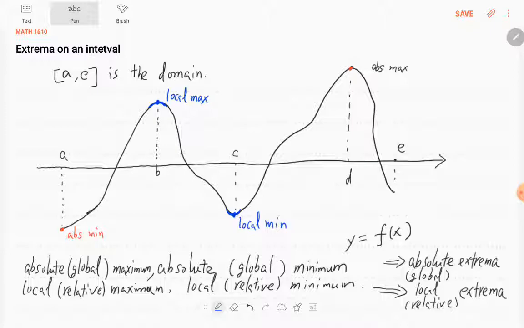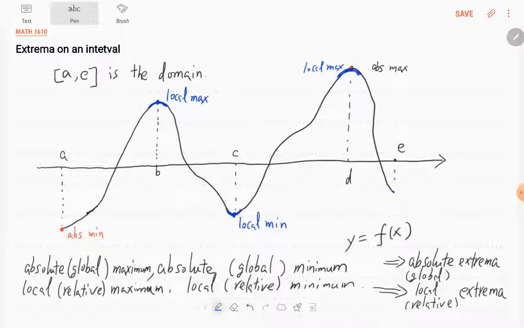What about this point? Nearby this point, this is a local maximum, right? So this point is the local maximum, and it is also the absolute maximum. What about this point?